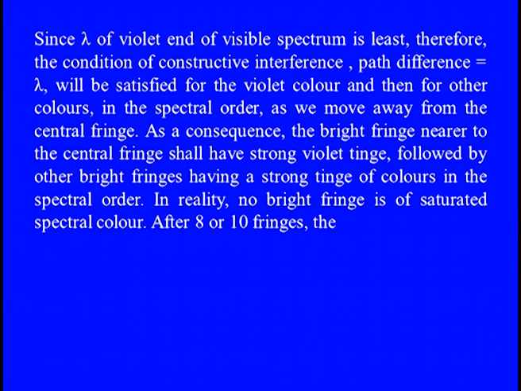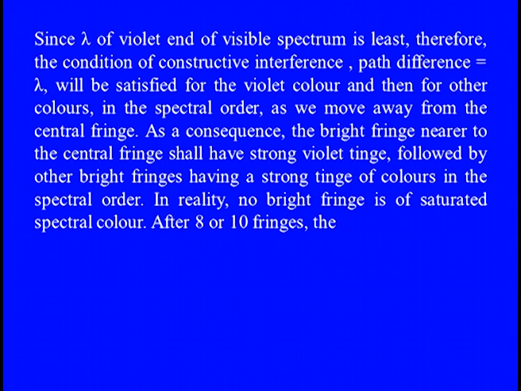in the spectral order. As you move away from the central fringe, as a consequence, the bright fringe nearer to the central fringe shall have a strong violet tinge, followed by other bright fringes having a strong tinge of colors in the spectral order.